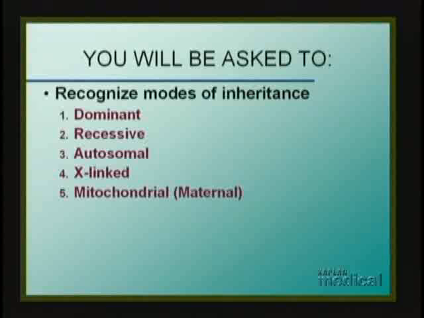The second thing you have to determine is whether the disease is autosomal or X-linked. Autosomal means that the gene is located on one of the autosomes, one of chromosomes 1 through 22. X-linked means it's carried on the X chromosome. What you look for to make that determination is male-to-male inheritance of the mutation.